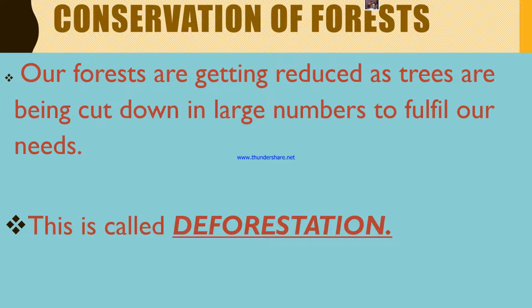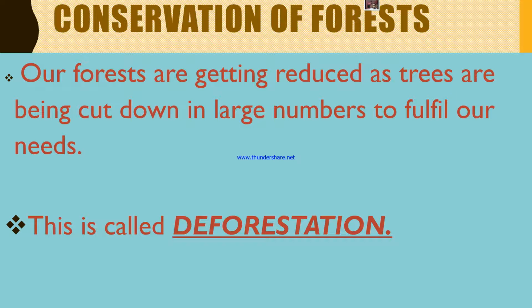We do not understand that these things are also very important for us. Forests are very important. Don't think that forests are just wild plants growing, so what are they used for? No. There are a lot of things that we will discuss in the later parts.